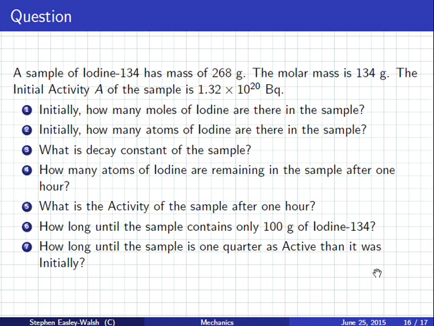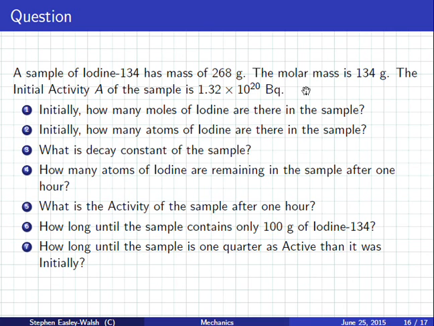Okay, so I will do this question for you, and then I'll let you try one like this, and that will be it for that. I just need you to write down the information in the question here. The iodine 134, its mass is 268 grams, so write down mass is 268.